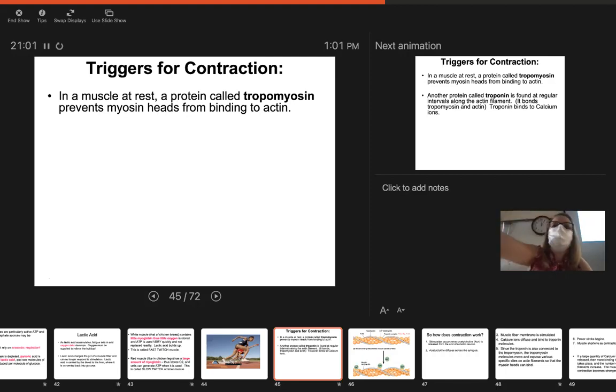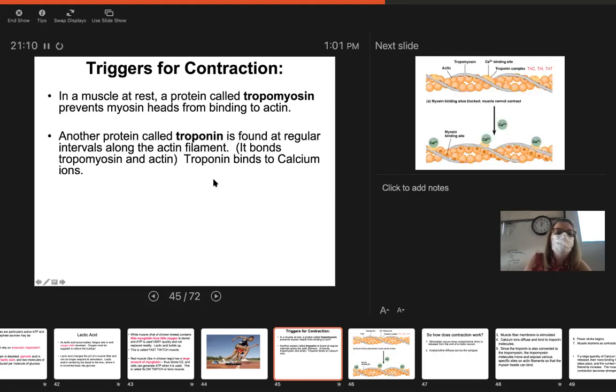Okay, and on my little diagram, or on my little cart, I've got the little pink handles right here. That's the troponin. So hold on. Troponin binds to calcium.